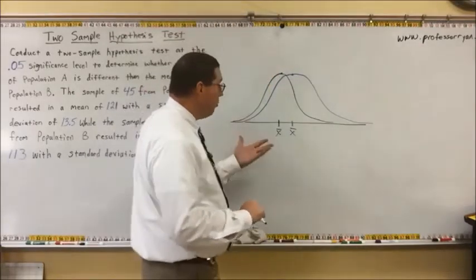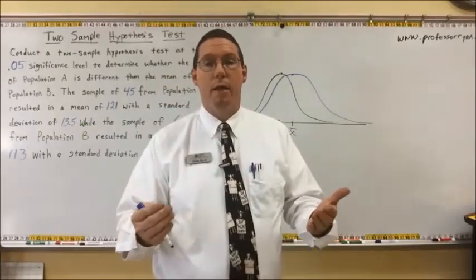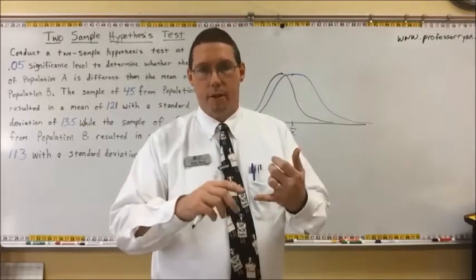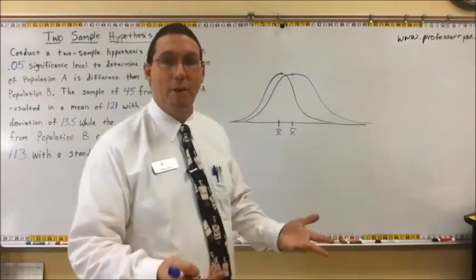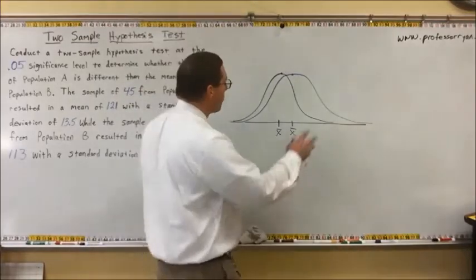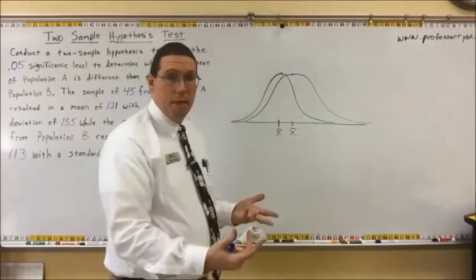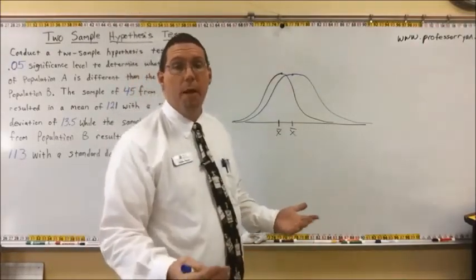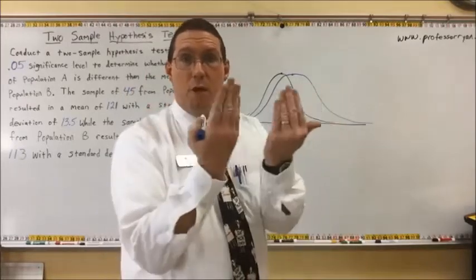We can do that by taking two samples and comparing their values: the mean, the standard deviation, and the sample size. We can calculate a z-statistic that will determine whether these two different samples have the same mean. Could they come from populations that have means equal to each other?